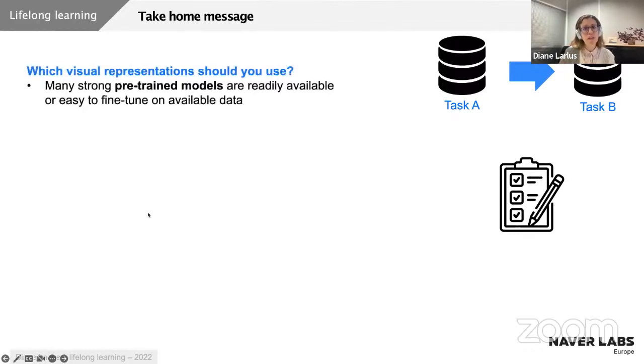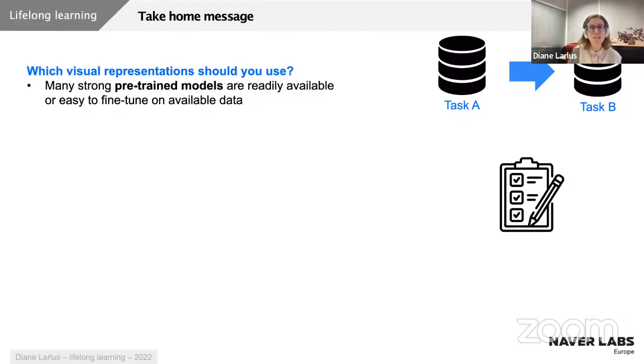First, if you have to automatically deal with visual data, which visual representations could you or even should you use? Well, as a first option, be aware that many strong pre-trained models are readily available. Many of those models will produce visual representations that work as is, so you can use them directly as black boxes.